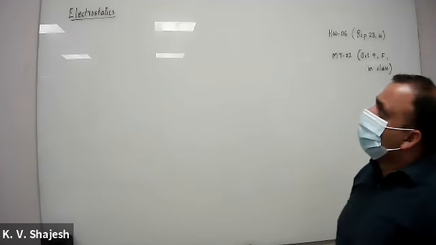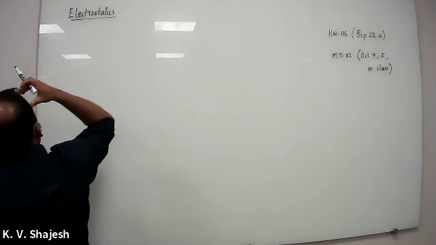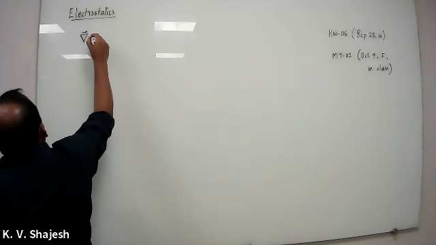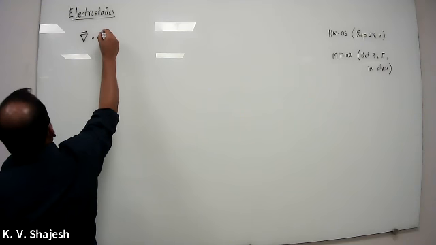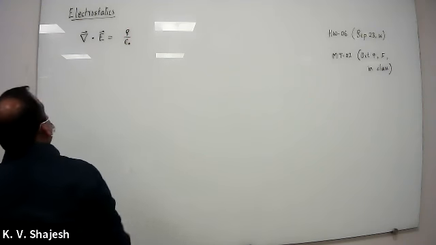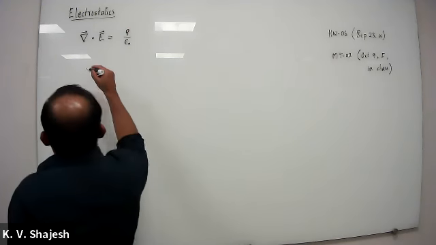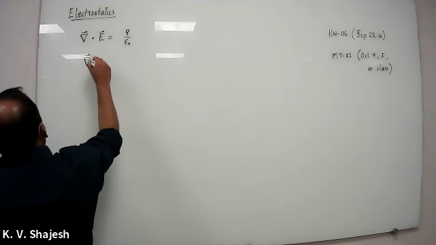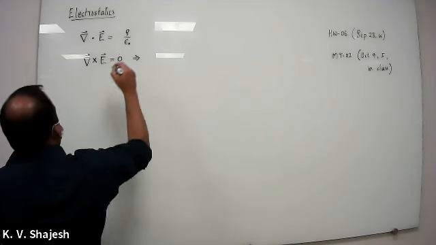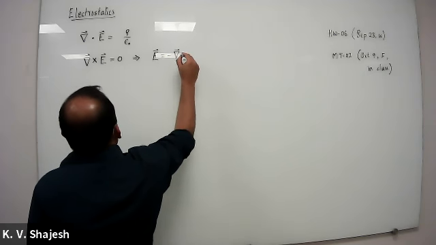The strategy, or the equations first of all, is that the divergence of the electric field is equal to charge density over the permittivity of vacuum, and the curl of the electric field is equal to 0, which immediately implies that the electric field is equal to negative gradient of phi.